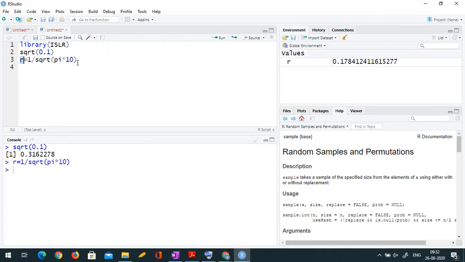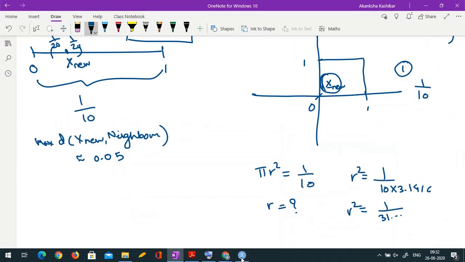So what is r? See, r is 0.17. R is 0.17 means what? That the maximum distance that I consider here becomes 0.17. So here it was 0.05, now it became 0.17.